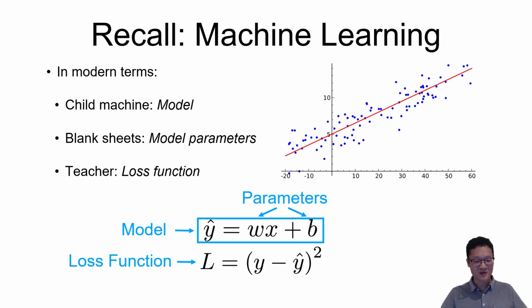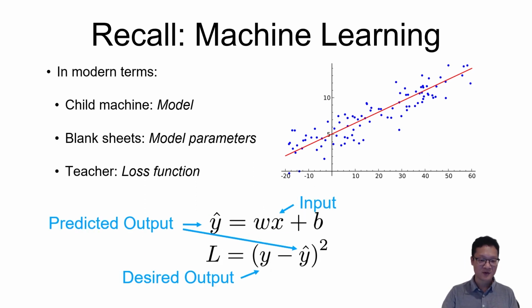One very common loss function is L equals y minus y hat, all squared. This penalizes any deviation from the data points. If your prediction y hat is far away from your data point, then you get penalized according to this formula. Deviation below the ground truth, as well as deviation above the ground truth, are penalized equally.